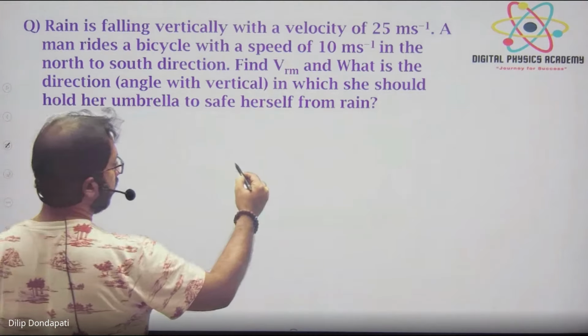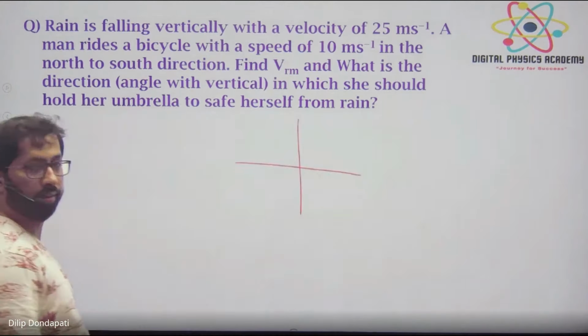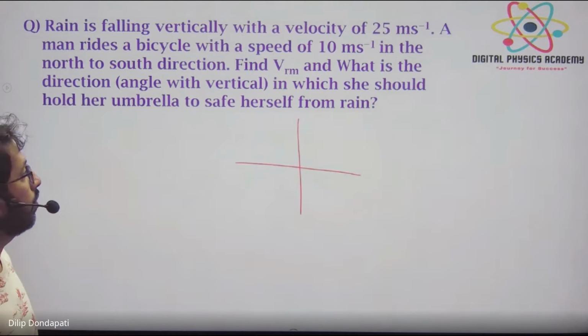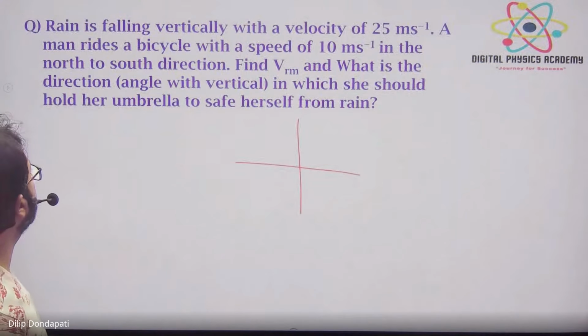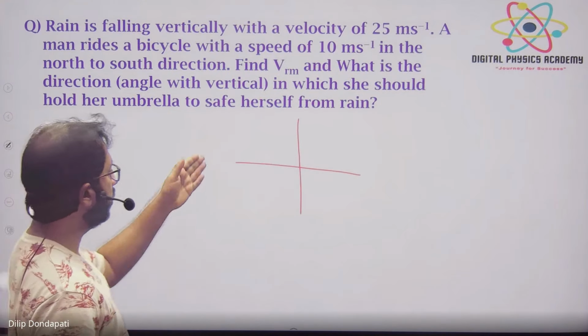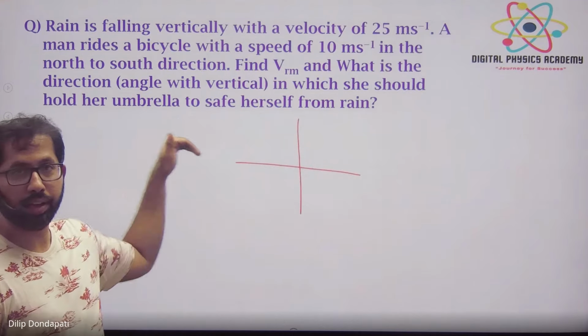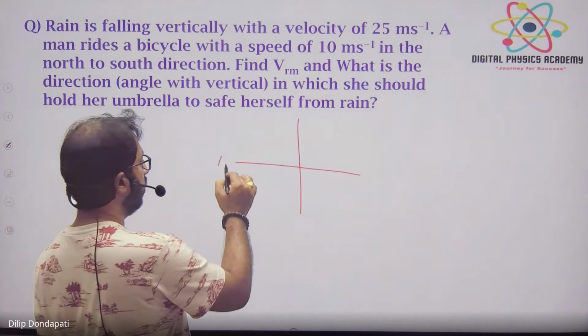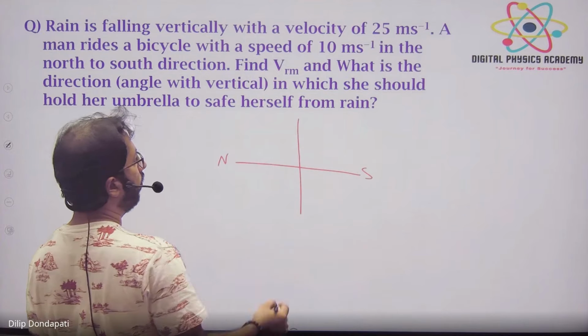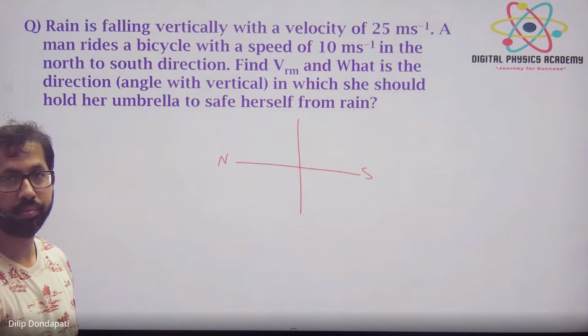Solve this, diagram draw करके solve करो. Rain is falling vertically downwards 25 meters per second and the man rides 10 meters per second in the north to south. Think this is north, this is south. North to south जा रहे हैं. इससे अच्छा आपको ये बेटर है ना, north to south. So solve VRM. Same formula.